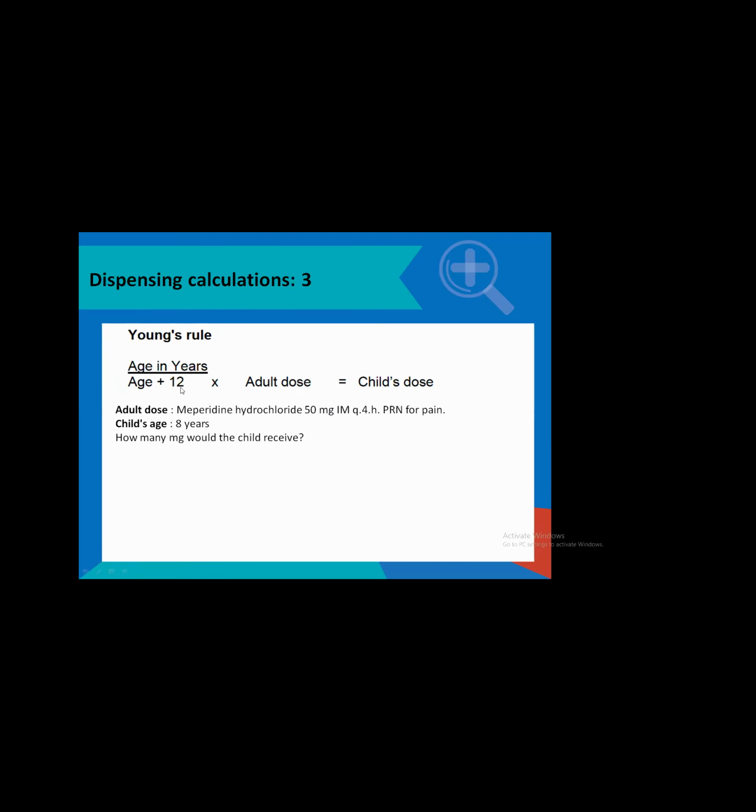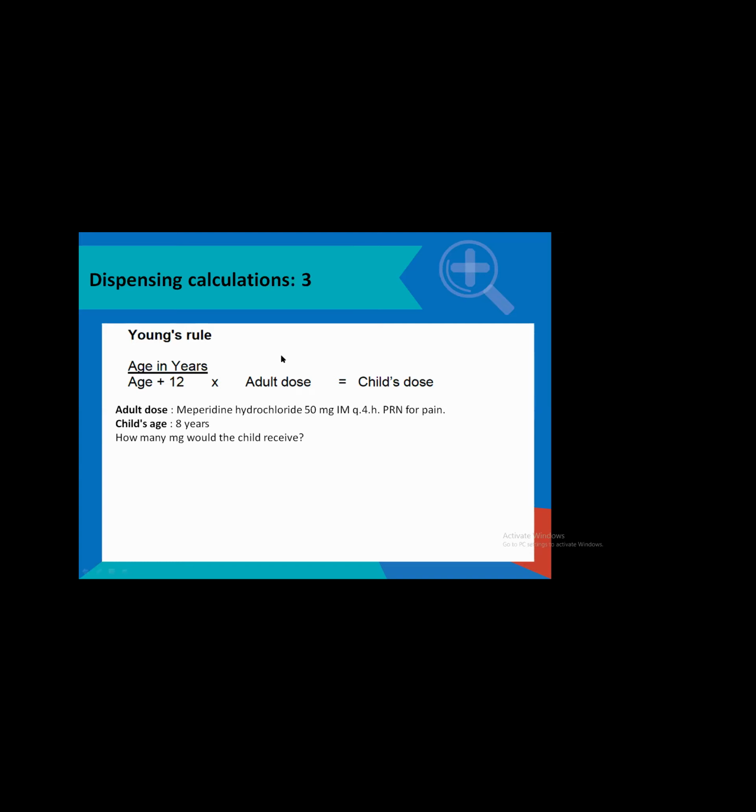The reason why it's 12 there is because in most cases, the assumption is once a child turns 12, they qualify for some of the adult dosing. So it becomes 5 plus 12 multiplied by the adult dose. Whatever the adult is allowed to take, you would then use here, and that will equal whatever dose you want to give to the child.